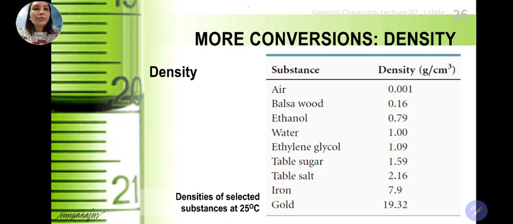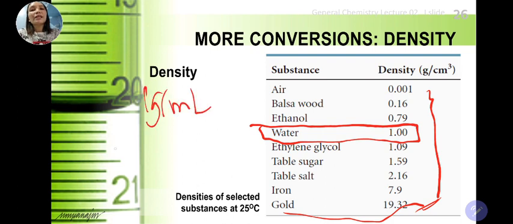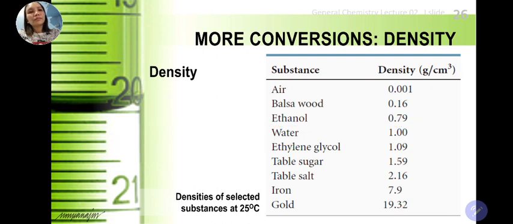So, for air, we have this. And this is for gold. The density for water is 1 gram per ml, or ml is actually equal to centimeter cube, katulad nung in-answer natin kanina. So, I'll give you the time to take note of those.